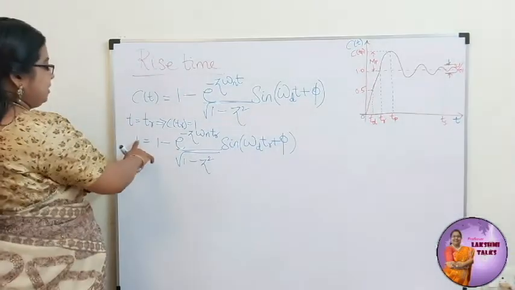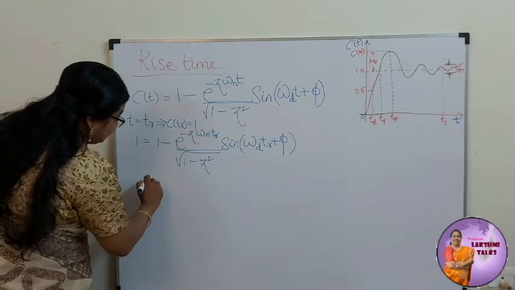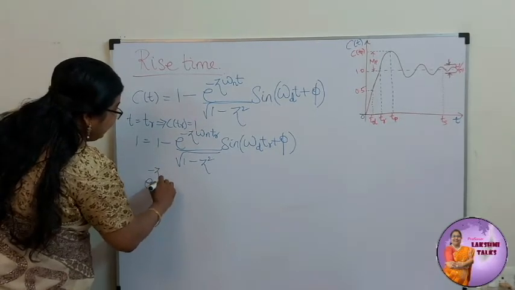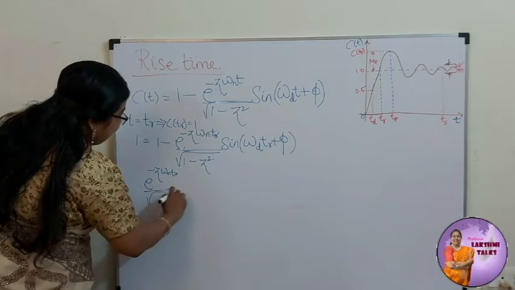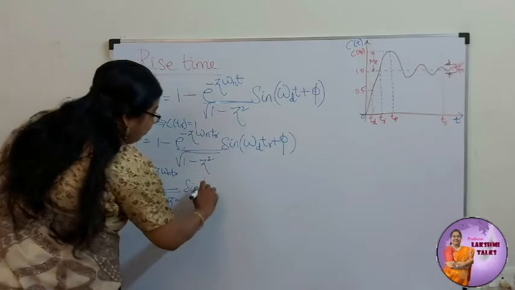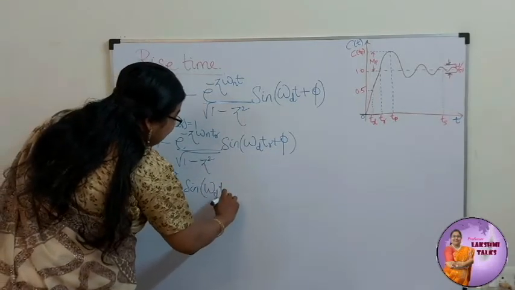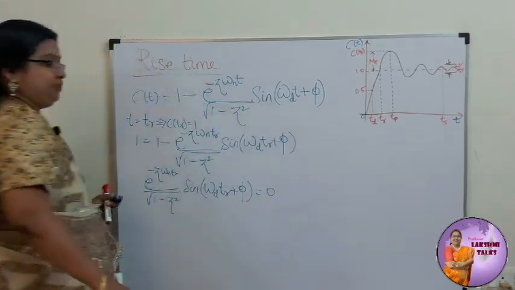So what happens? e power minus zeta omega n t r divided by root of 1 minus zeta square, times sine of omega d t r plus phi, is equal to 0.